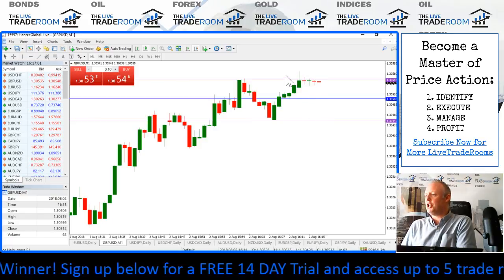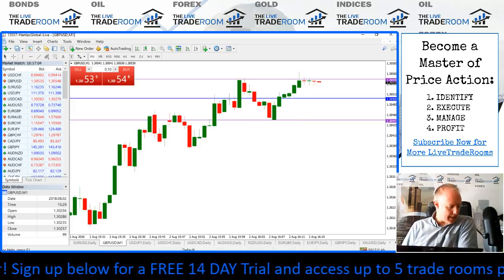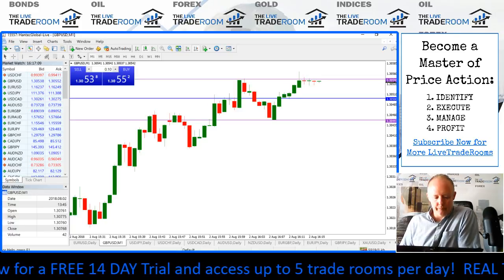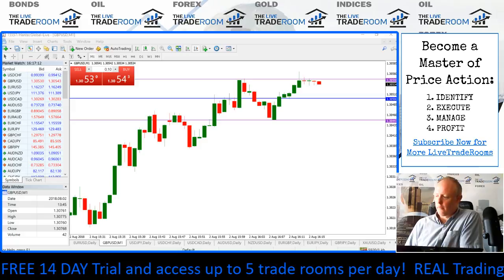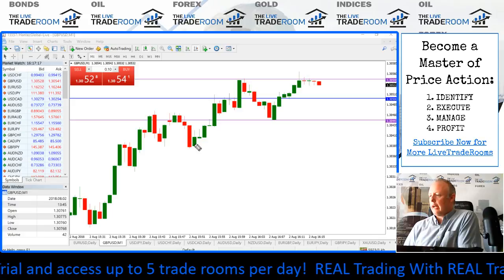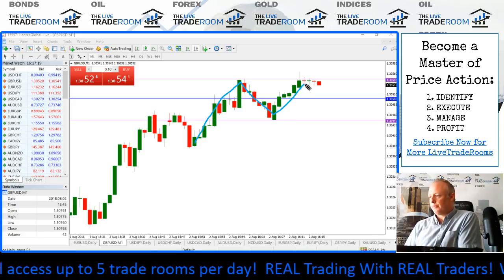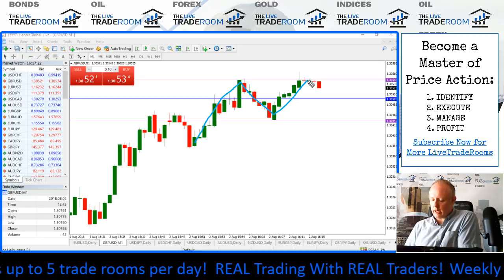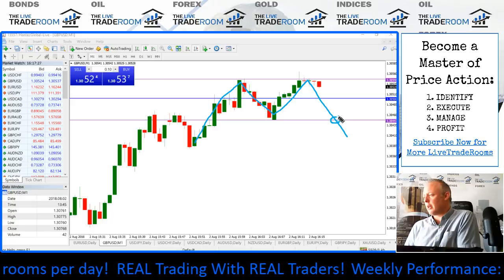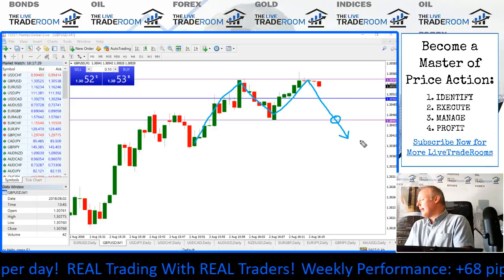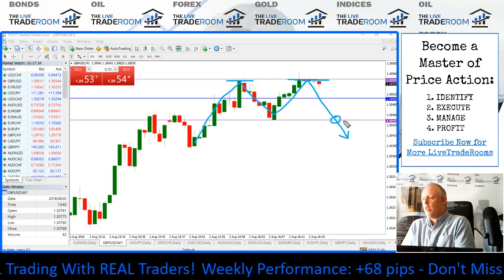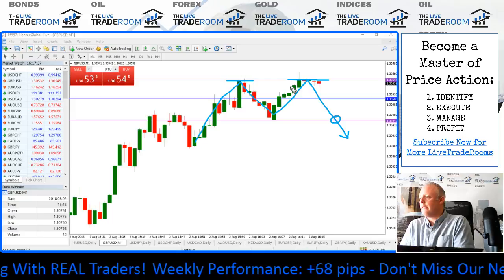So there's a 10 pip range here, and let's see, from a price action perspective, which is how we trade these markets, if we got a double top or an M formation to the downside, if we got this little bit of movement to the downside in here, then we would expect that to be actually quite bearish if we see a double top in here. So that's potentially a trade below the 30.44.